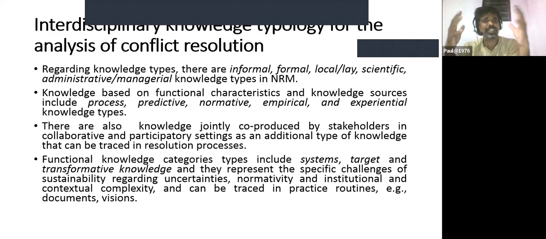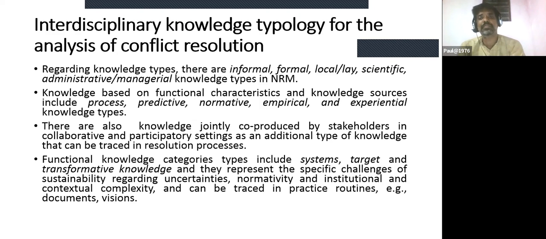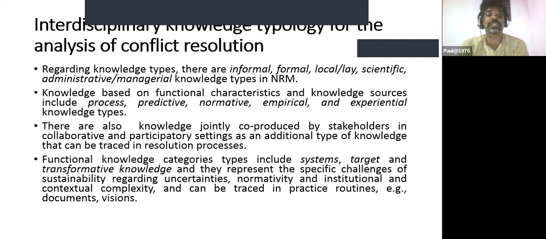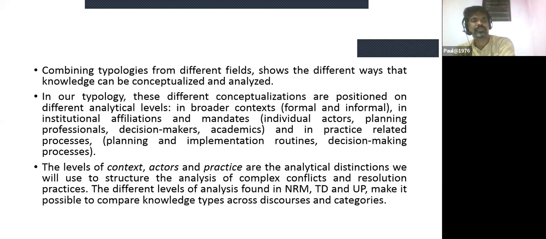Functional knowledge category types include systems, target, and transformative knowledge, and they represent the specific challenges of sustainability regarding uncertainties, normativity, and institutional and contextual complexity, and it can be traced in practice routines, especially in documents and visions, etc. So combining typologies from different fields of these three domains shows the different ways that knowledge can be conceptualized.